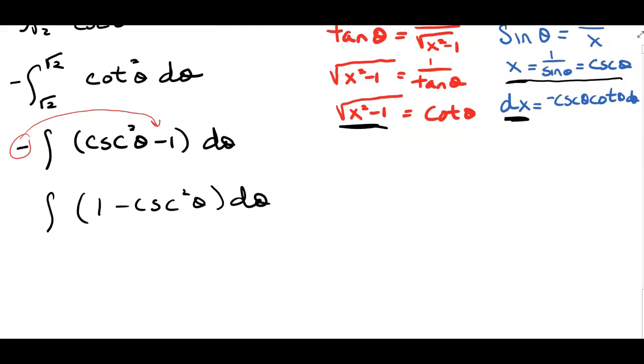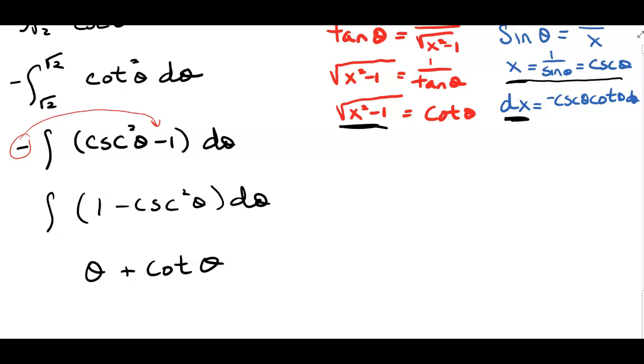What's the integral of 1? Well, d theta is going to be theta. The integral of cosecant squared is negative cotan, so that actually becomes plus cotan, not cotan squared, sorry.